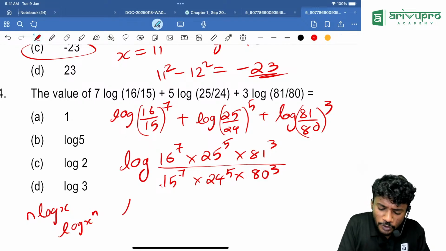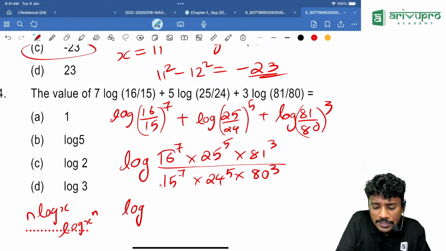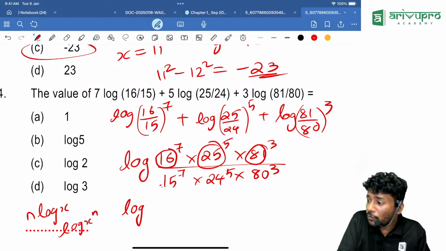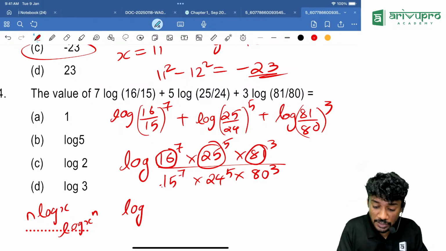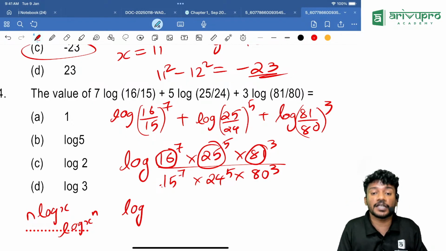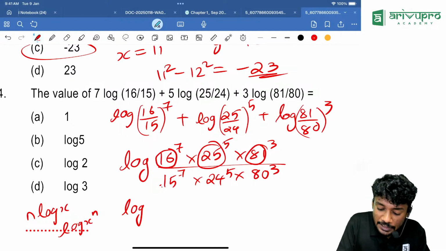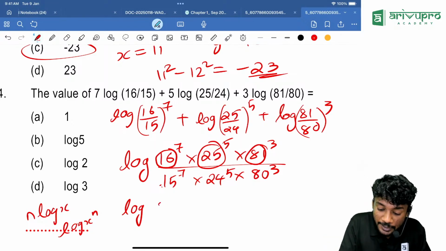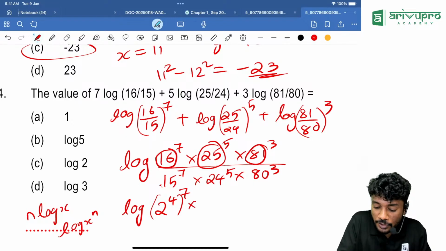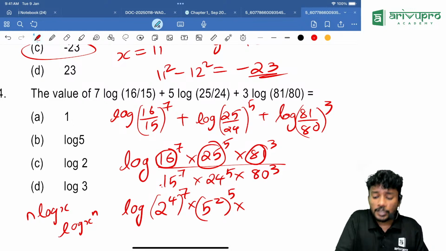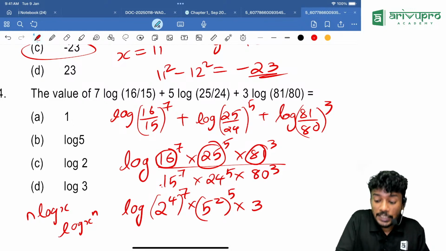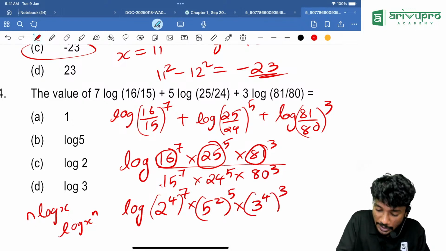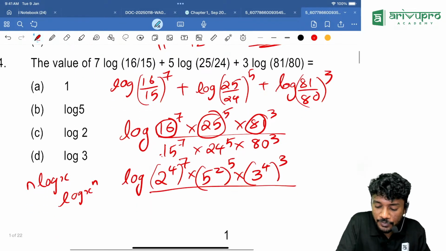Which is equal to log of 16 power 7 into 25 power 5 into 81 power 3, divided by 15 power 7 into 24 power 5 into 80 power 3. Any doubt in that? Now, what was the method? We will change everything in terms of 5 and 3. 16 power 7: that is 2 power 4, so 2 raised to 4 the whole power 7, into 5 square the whole power 5, into 81 is 3 raised to 4 the whole power 3, everything divided by 15.